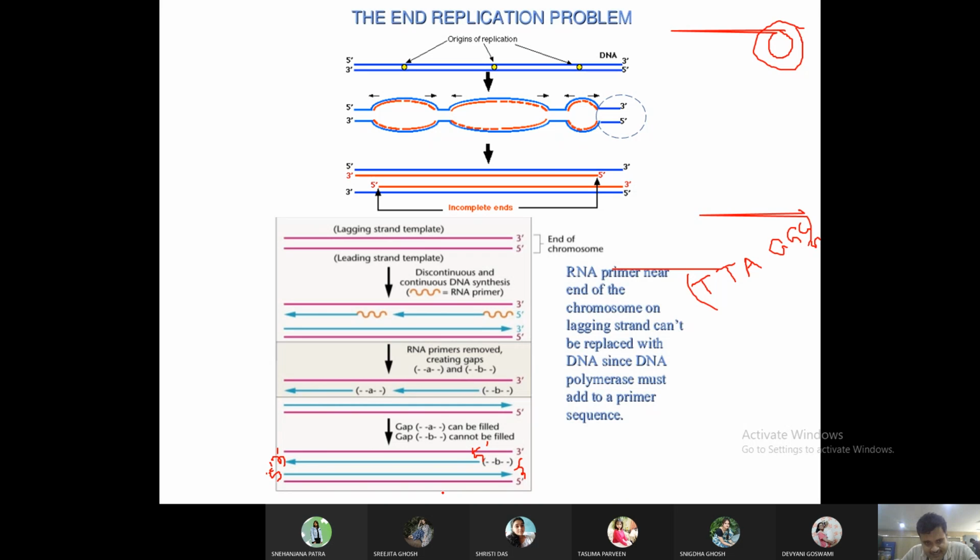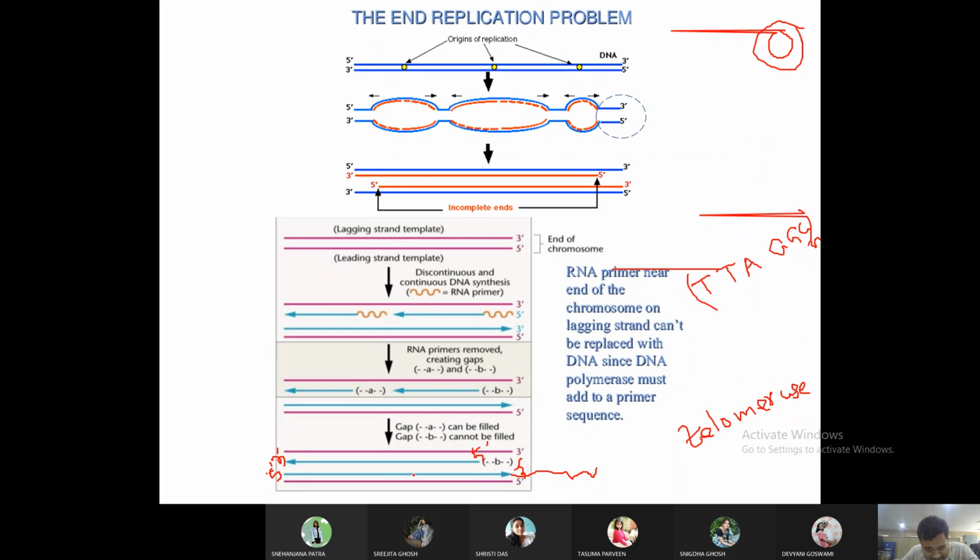So the strategy is, instead of putting sequence over here, the cell elongates the other strand by an enzyme called telomerase. Okay.